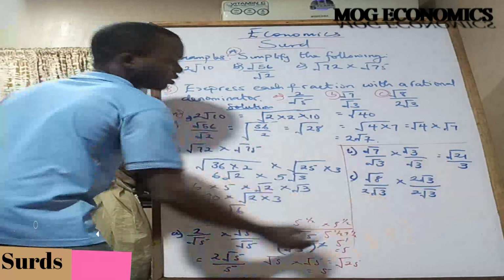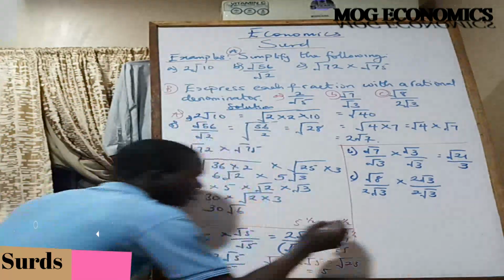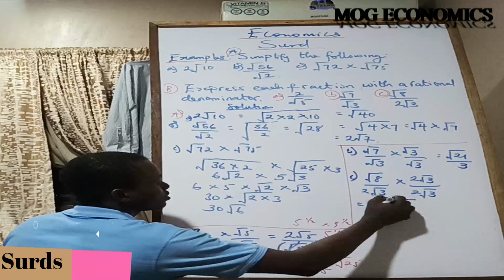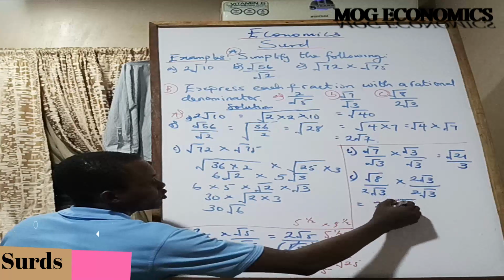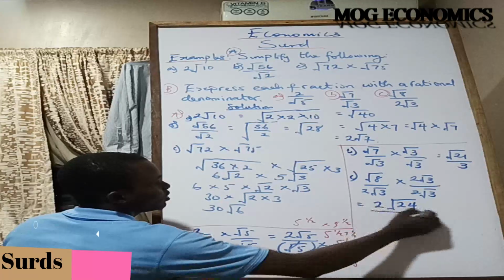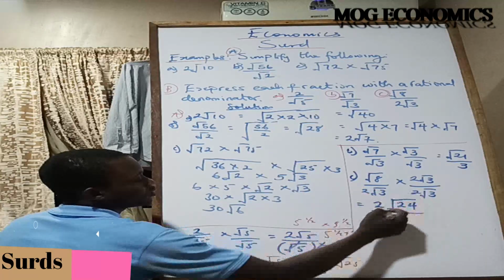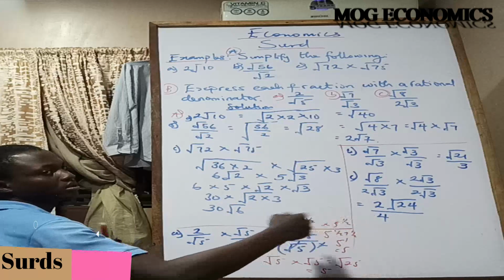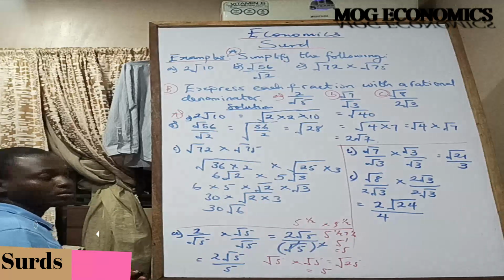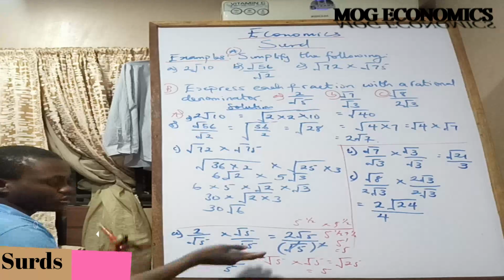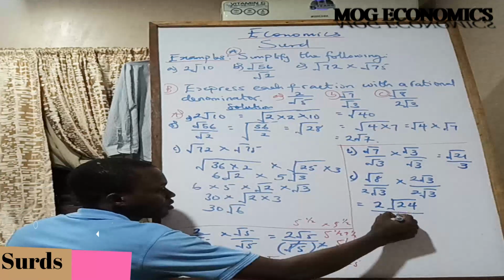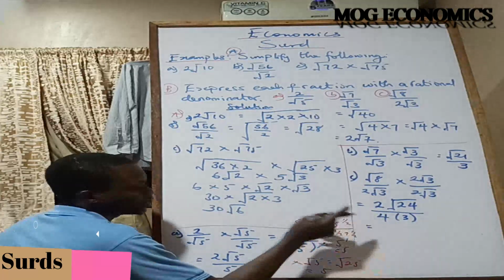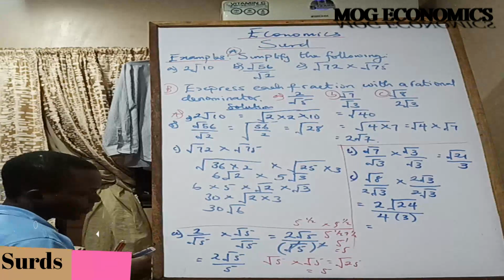So the numerator becomes 2 times root 8 times 3, which is 2 root 24, divided by this one: 2 multiplied by 2 is 4, then root 3 multiplied by root 3 is 3. You understand? Root 3 times root 3 is root 3 squared, what we just did here. That's multiplied by 3, so the denominator is 12.